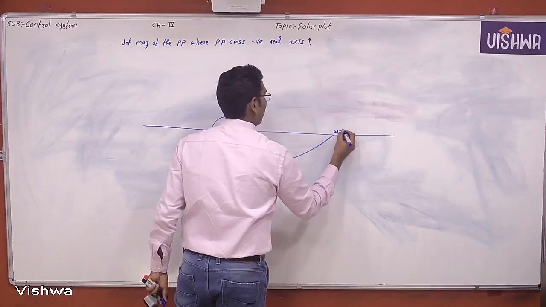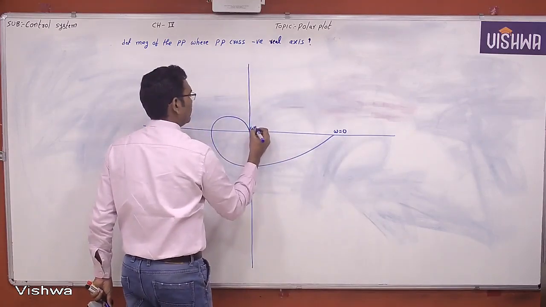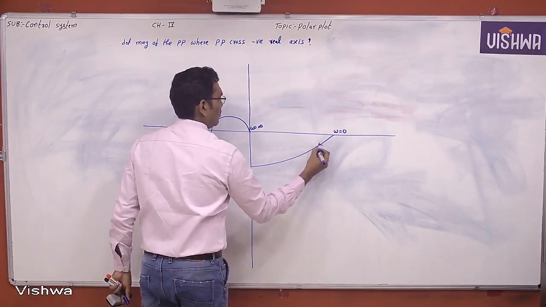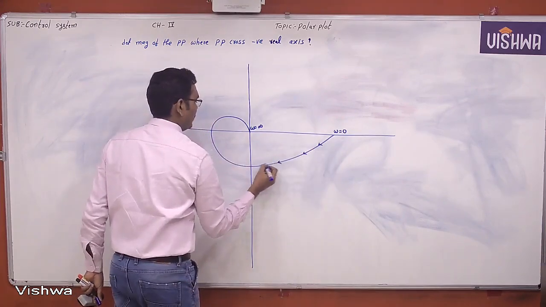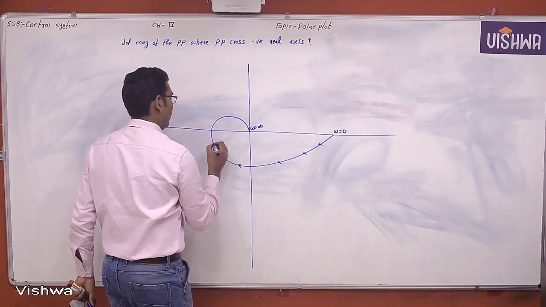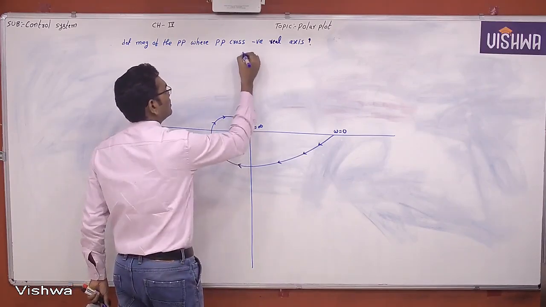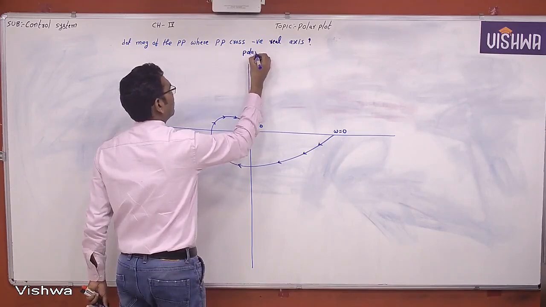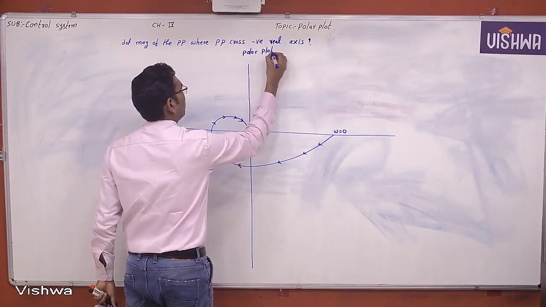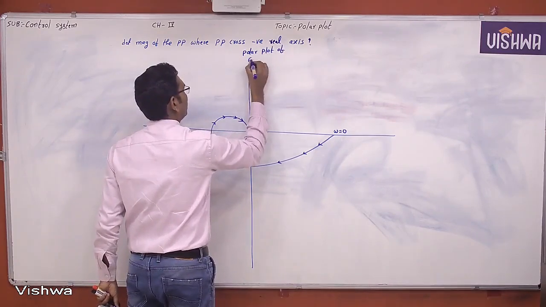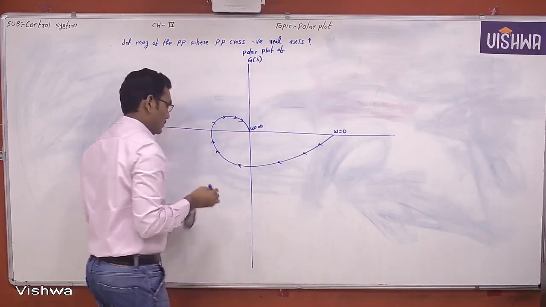This is the polar plot which is already given to you. When a polar plot is given, the direction is given too; without direction, there is no meaning to a polar plot. This is the polar plot of the open loop transfer function which is given to you.